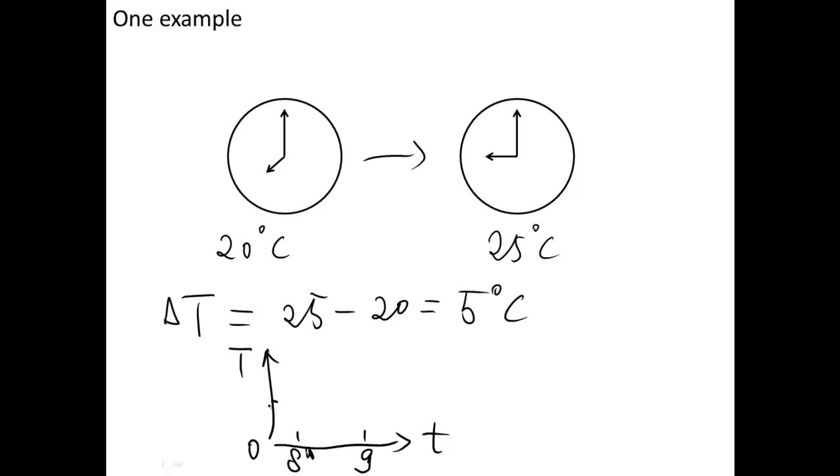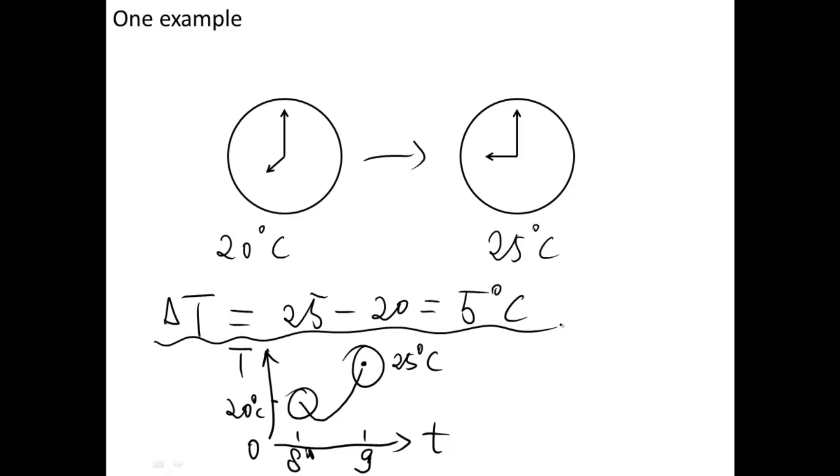For example, here is 20 degrees centigrade, here is 25 degrees centigrade. Maybe the temperature runs like this, but you do not care. You just pick the points at the initial state and at the final state. These 2 points are already enough for you to determine the change of temperature.